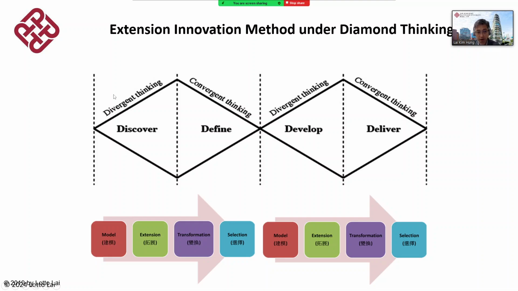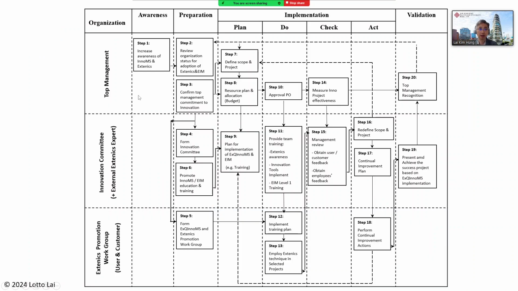In the first one, you discover using divergent thinking to find the solution, and then convergent thinking to define your problem. Through the observation, define a problem, and then divergent thinking to develop your solution and deliver your solution with convergent thinking. It's a double diamond.